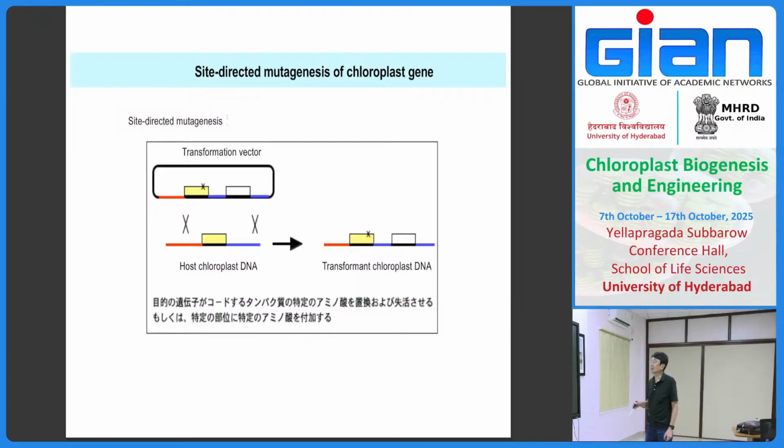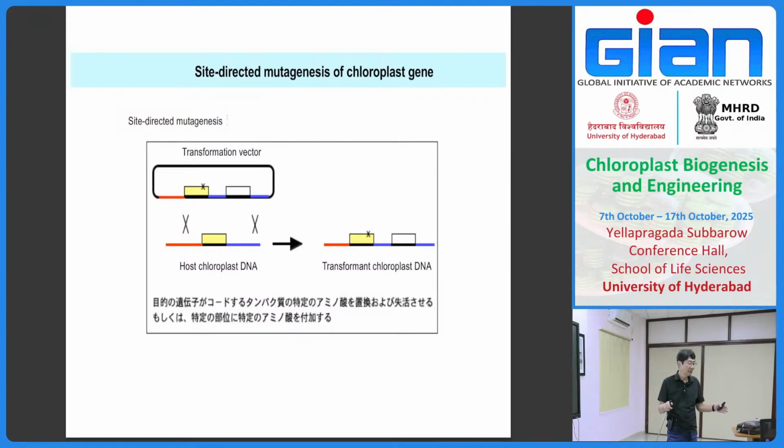So in that case, the transforming vector you subclone the same way, and this is a gene of your interest, and then you insert the AD cassette downstream or upstream of the gene of your interest. And the position of the insertion must not affect the expression of this gene.